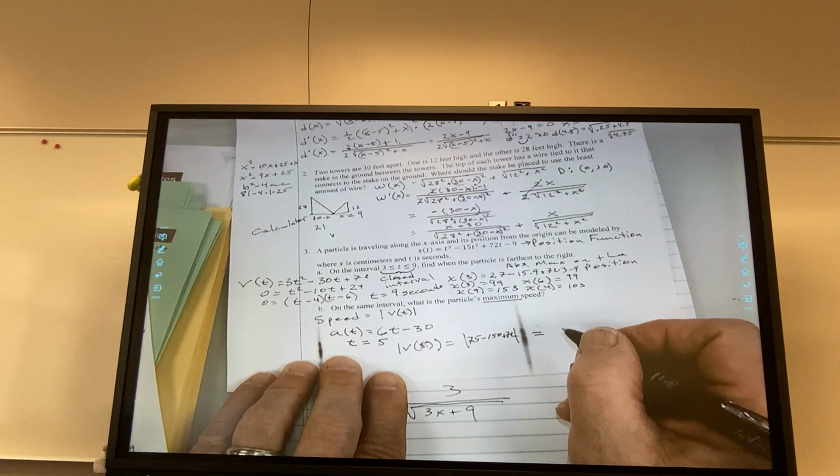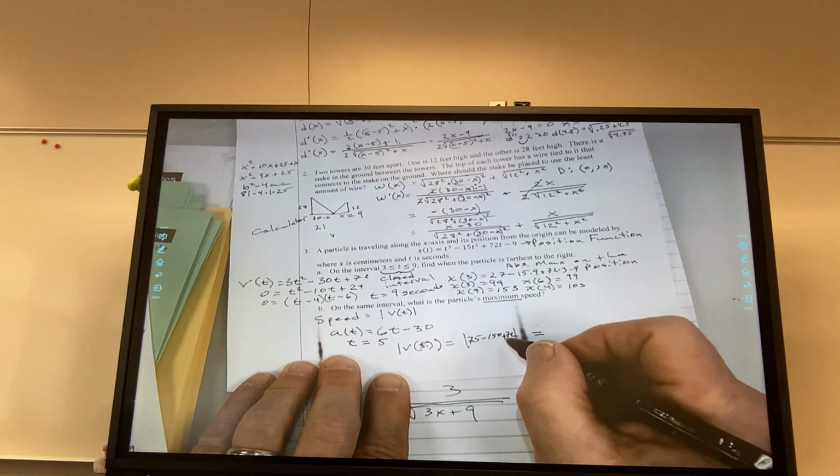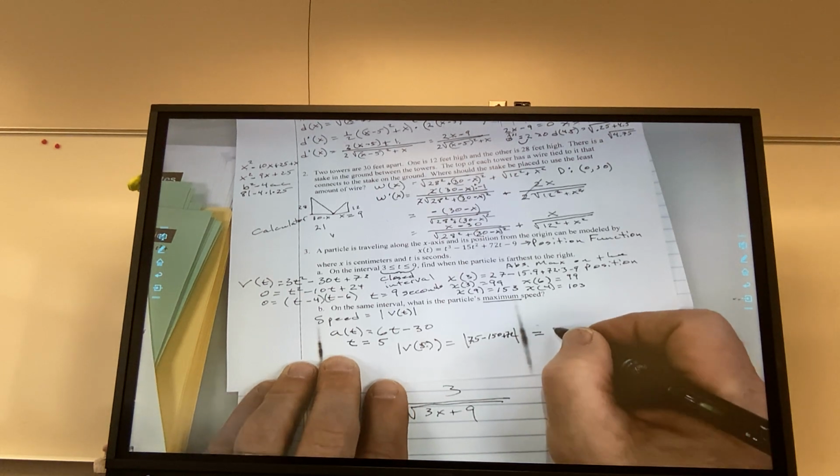That doesn't look right, does it? 75 minus 150 plus 72 is negative 3, so we get 3. Speed is 3. You get 3 as the max.